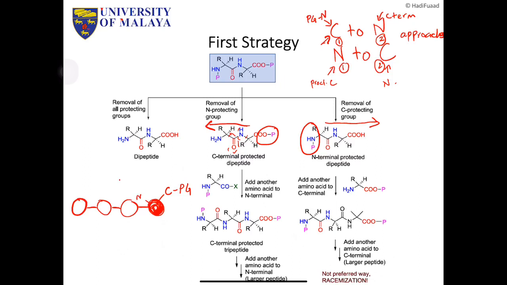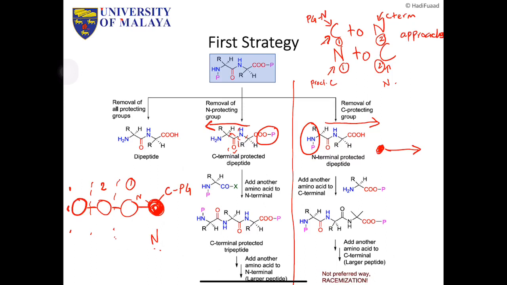So you add one peptide first, and once it's finished, you add another one, and then you add another one. Okay. In contrast, in this reaction, you protect the N, and then you grow it towards the C region. So the C terminal is always free. Compared to this one, the N terminal is always free. So that's the difference between those two.